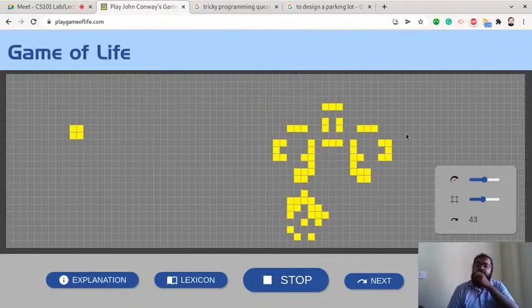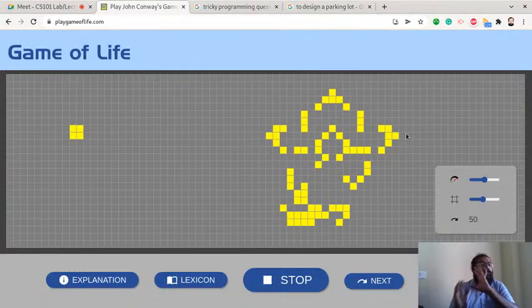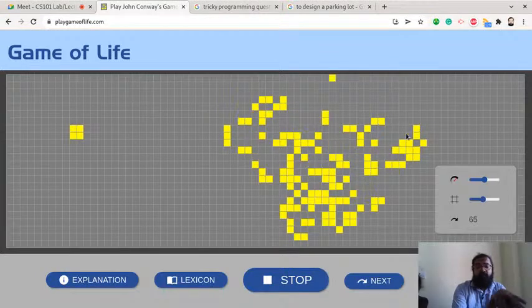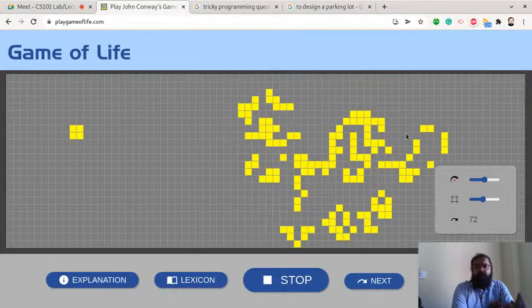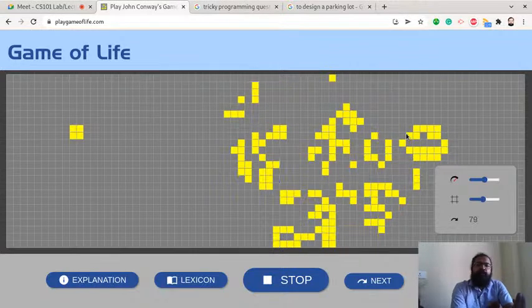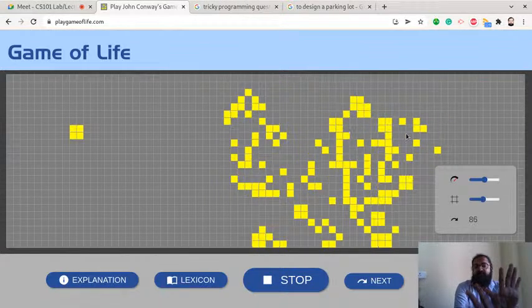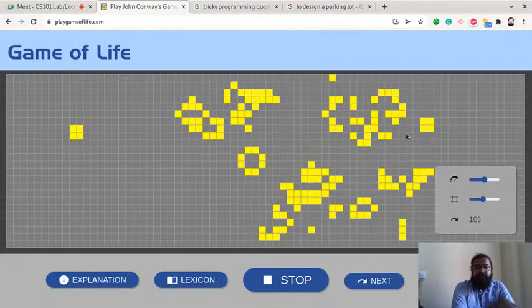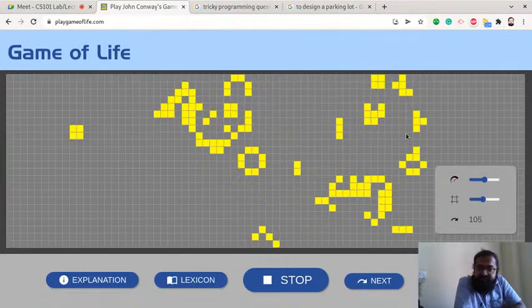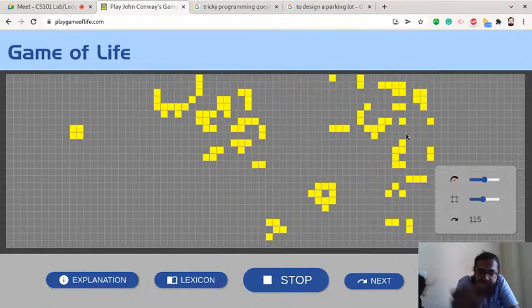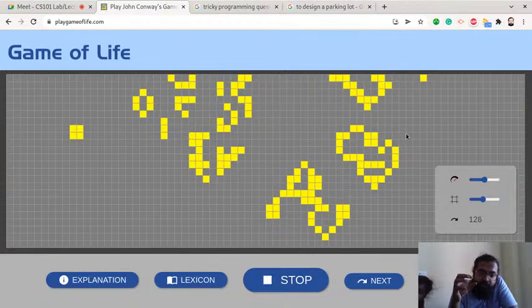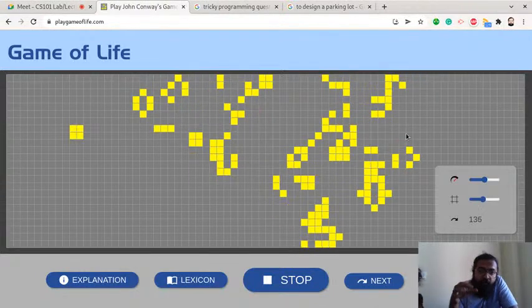Now in your C program, there will be a lot of limitations with respect to how you can represent the whole thing on your terminal. So think about how you can do it, and do the best representation possible by you. You can see that I have put some cells in certain locations, and this is evolving over a period of time.